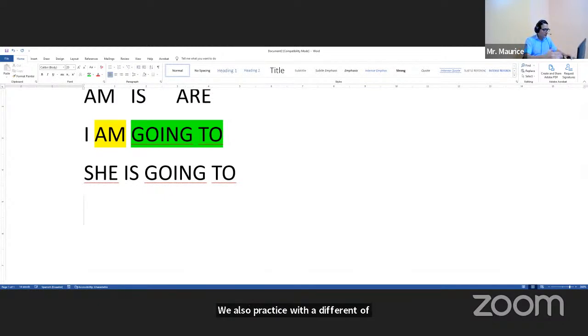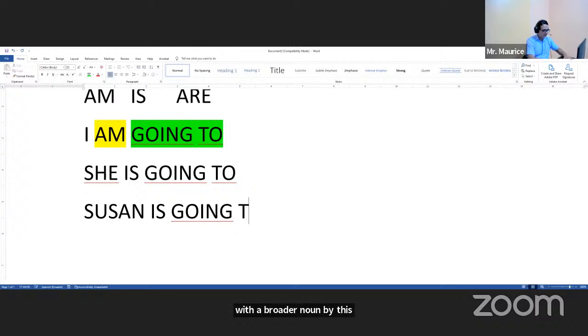We can work with a proper noun, like Susan is going to. My father is going to. The teacher is going to. My friend is going to. My parents are going to.